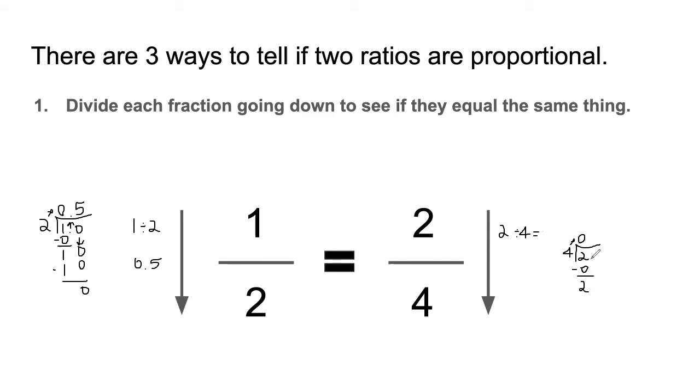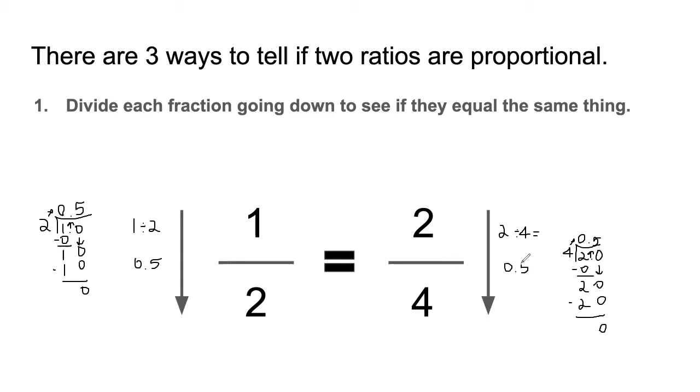And then we have to put a decimal and a 0 after it in order to keep it going. Drag down the 0. Drag up the decimal. So 4 goes into 20 5 times. 4 times 5 is 20. We have nothing left, so we are done. As you can see, it also equals 0.5. So this is 0.5 right here.